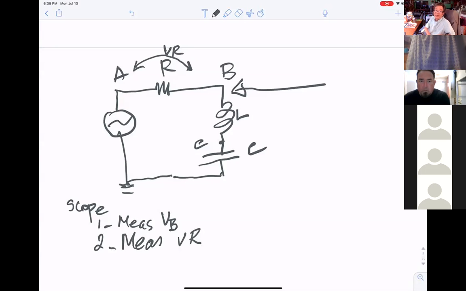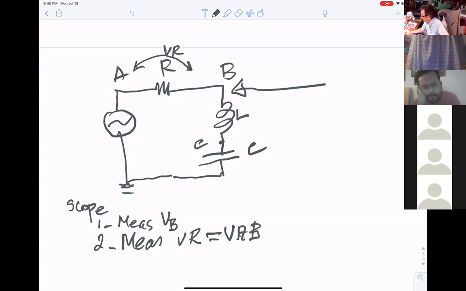Can you tell me how we can use the scope to measure voltage across the resistor? You measure with channels. One probe in A, one probe in B, and I can take the difference between those two probes. Perfect. Now, I can tell you VR means V from A to B, right?